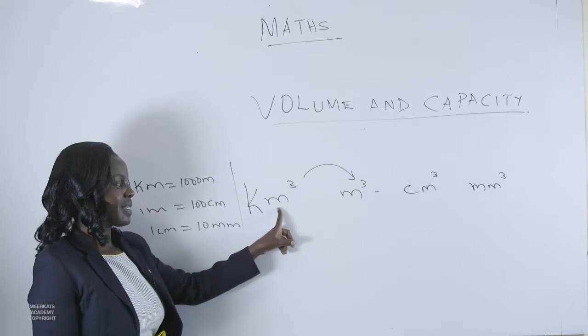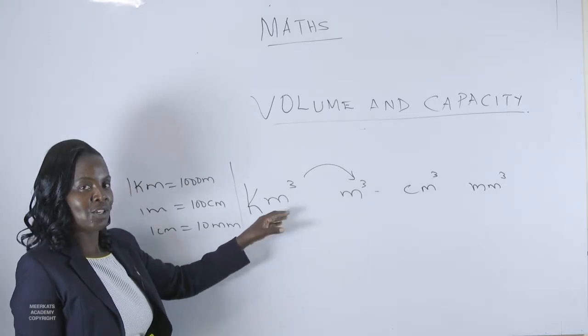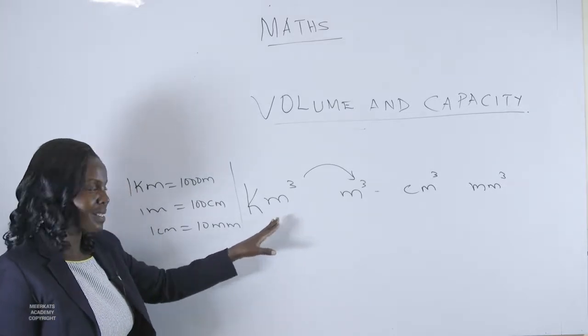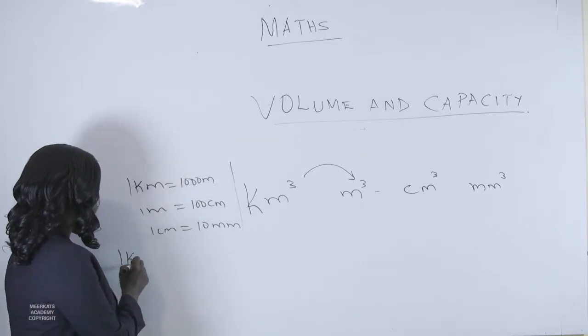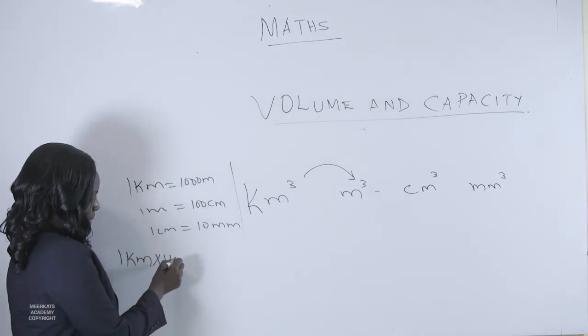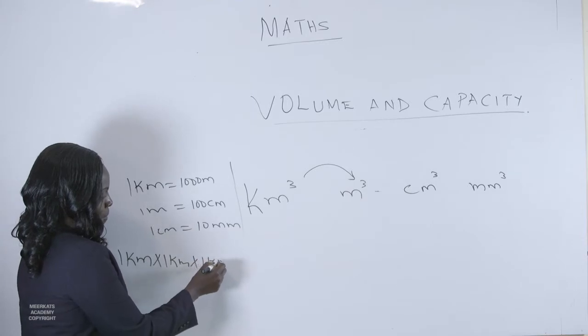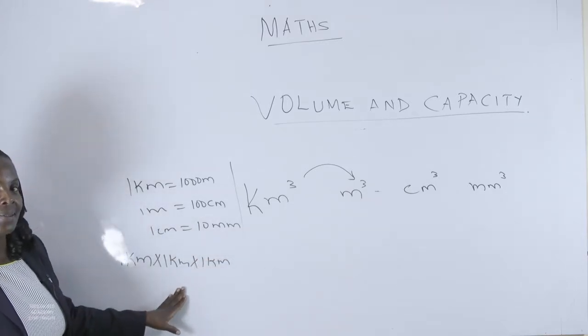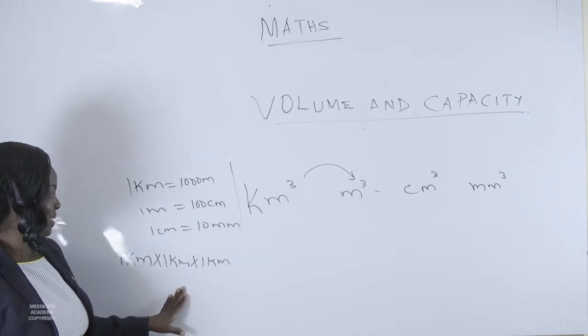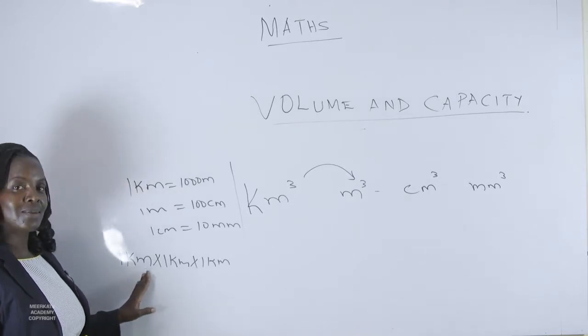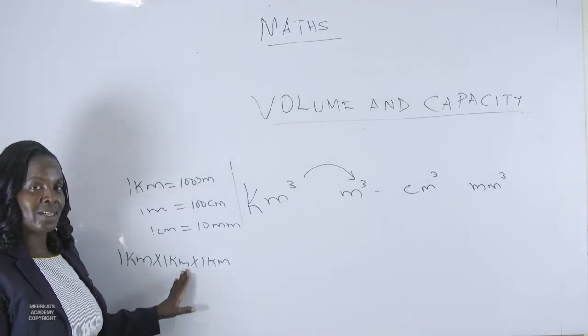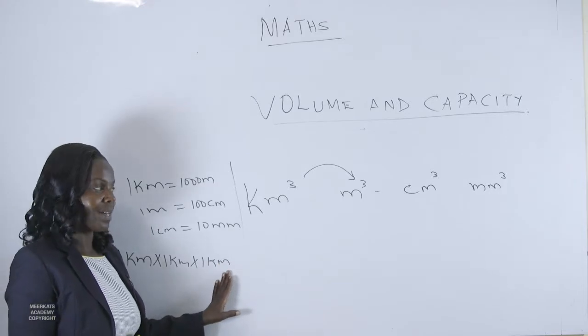Now, for us here, we said cubic kilometers means you've multiplied the kilometer by itself how many times? 3 times. So this is 1 kilometer times 1 kilometer times 1 kilometer.